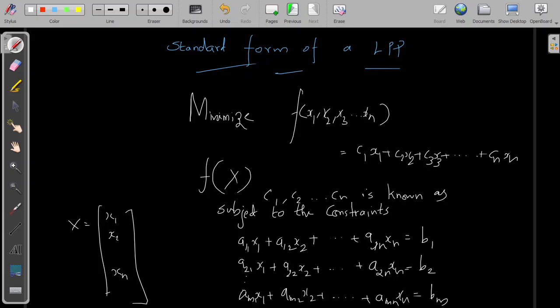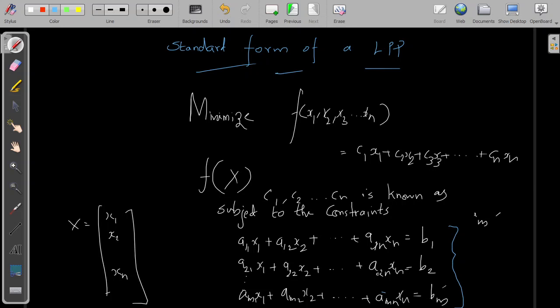So there are a total of m constraints. In an LPP, the constraints can be equality expressions, and they can also be greater than or equal to, or less than or equal to.